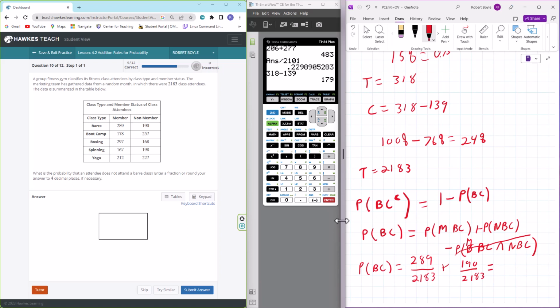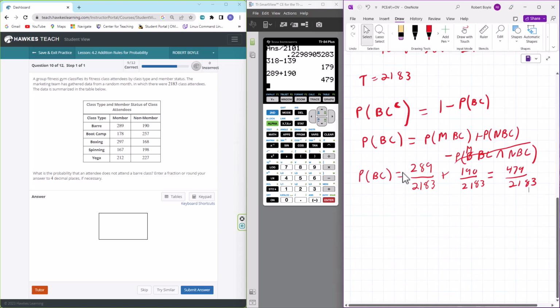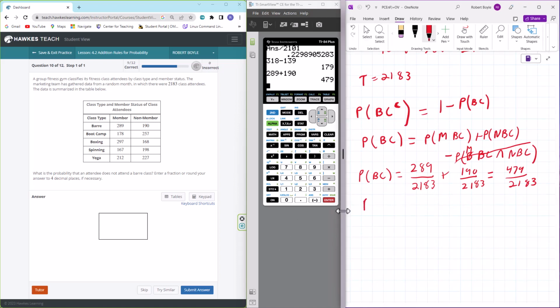And that will give us 289 plus 190, 479 divided by 2183.